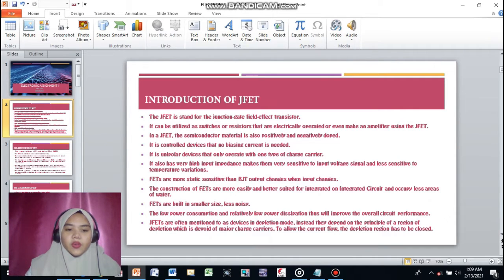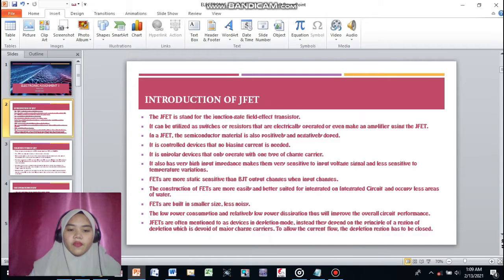It also has very high input impedance, which makes it very sensitive to the input voltage signal and less sensitive to temperature variation. FETs are more static sensitive than BJTs, and the output changes when the input changes.